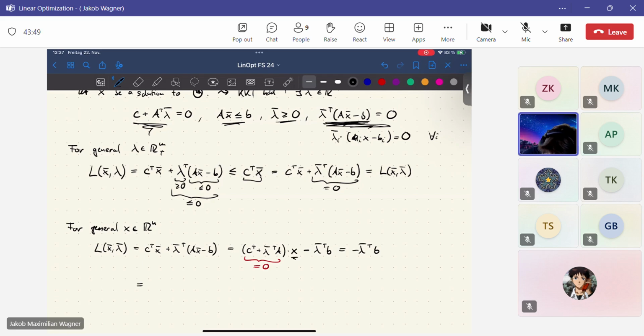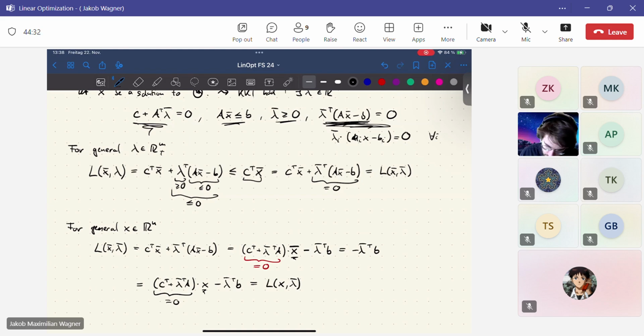So this is the same as (C transpose plus lambda transpose A) x bar. Again, this is 0, but now we have x bar here. Sorry, here we had the x bar, and then we got rid of the term, and now we want to have it without the bar, because this is now the Lagrangian at the arbitrary x, but at lambda bar, this way around.